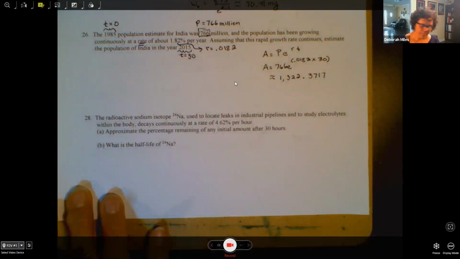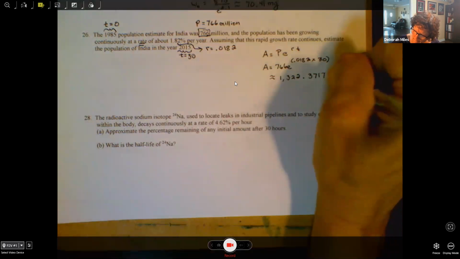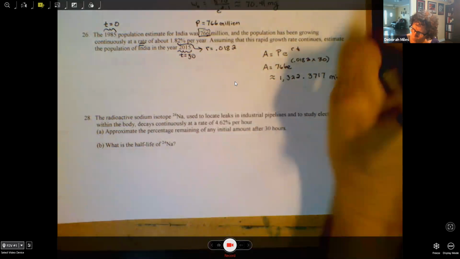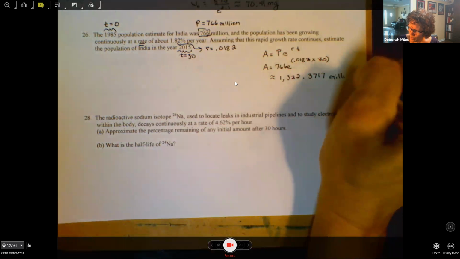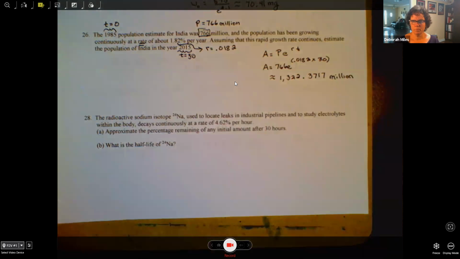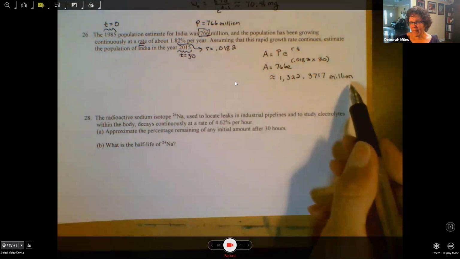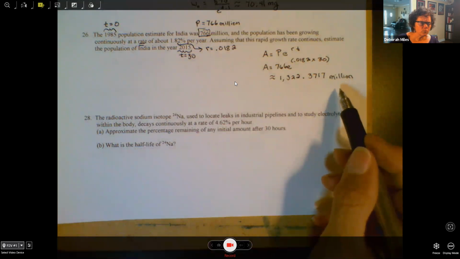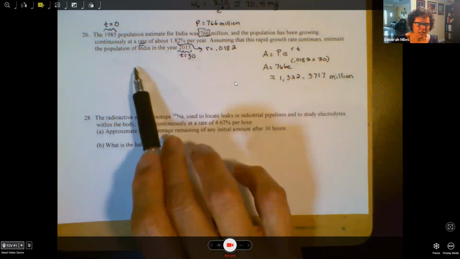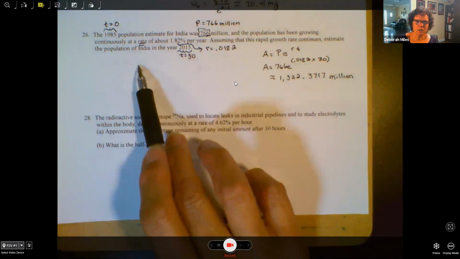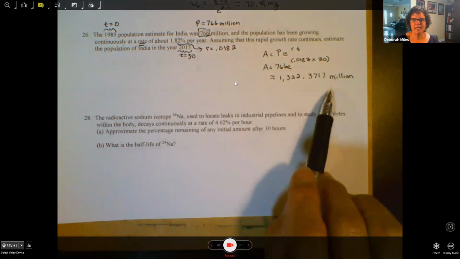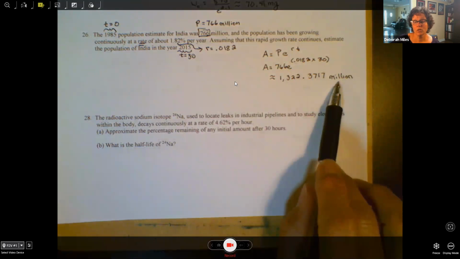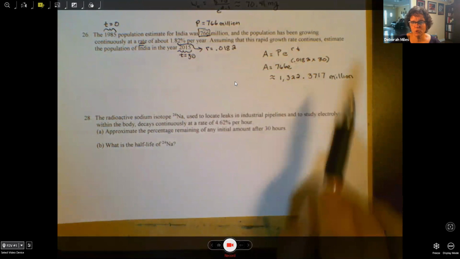But remember that this is not 1,322 people. This is 1,322 million people. So actually, to write that without the word million, because well, this didn't say whether to leave my answer in thousands of millions or to get rid of the word million and put the zeros back on there.